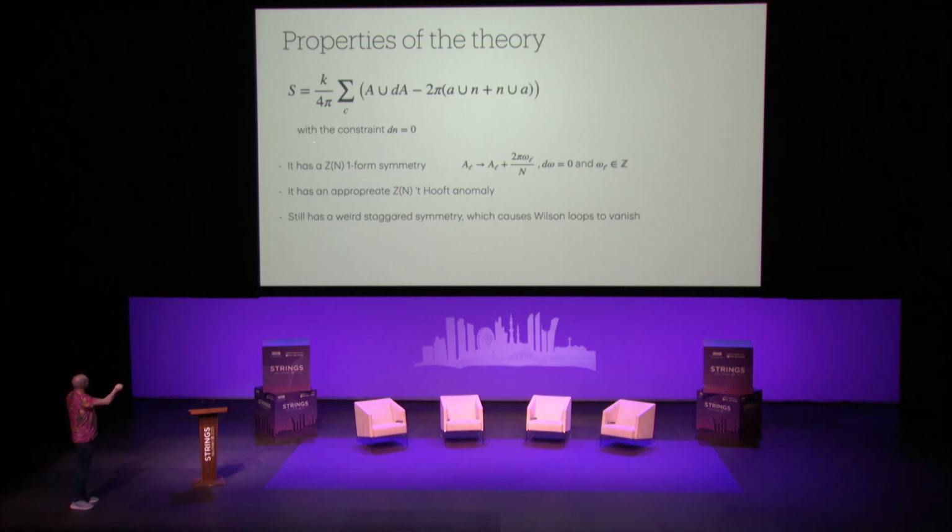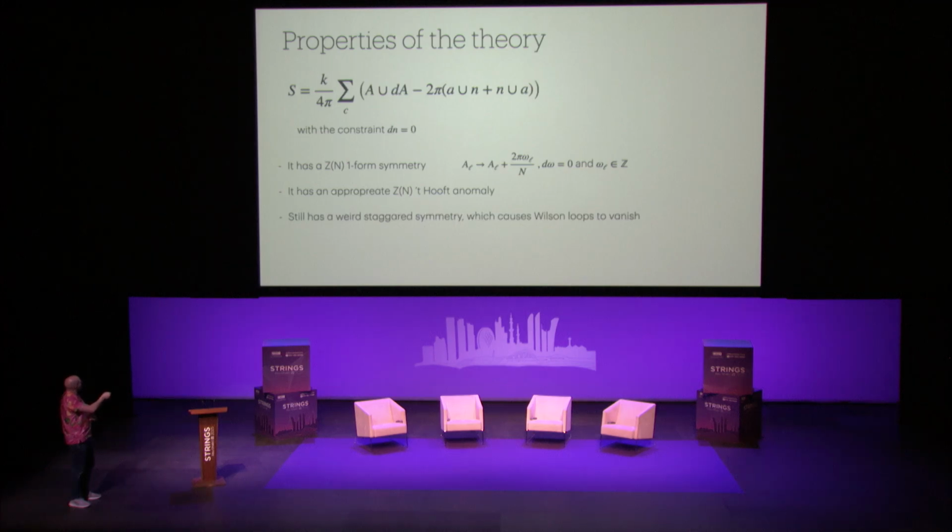So let's analyze it. So first thing is that it has a Z_k one-form symmetry. One can show that this corresponds to a shift of A by 2 pi over k times some integer omega, such that omega is closed. So that's good. It has a Z_k one-form symmetry, just like in the continuum.